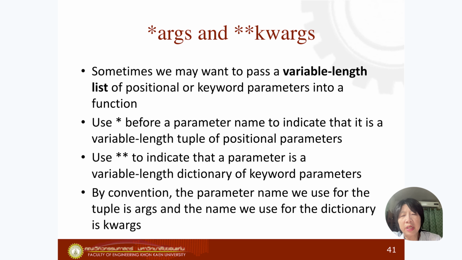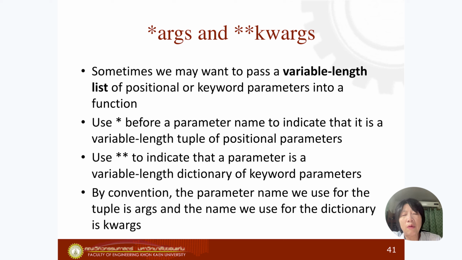Okay, next we're gonna look at star argument and star star keyword argument. Sometimes we may want to pass a variable length list of positional or keyword parameters. So in that case, we want to use a star before the parameter name to indicate that there is a variable length tuple of positional parameters.